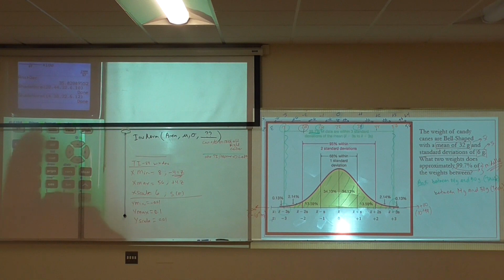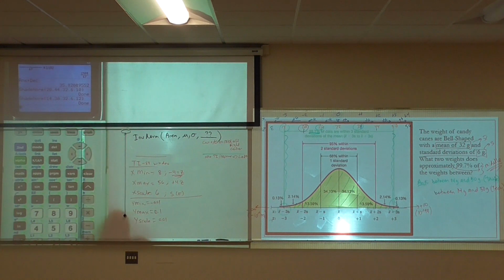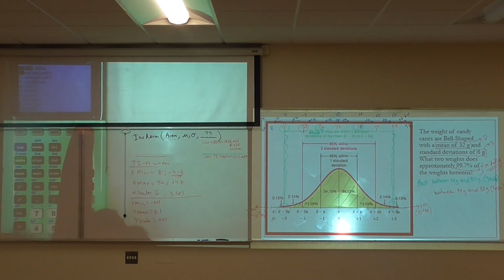Same thing: I got to get to distribution, so I'm going to do second distribution. Bam. I can't graph this one, I only graph the percentages. So I have to go here to inverse norm, which is option 3.